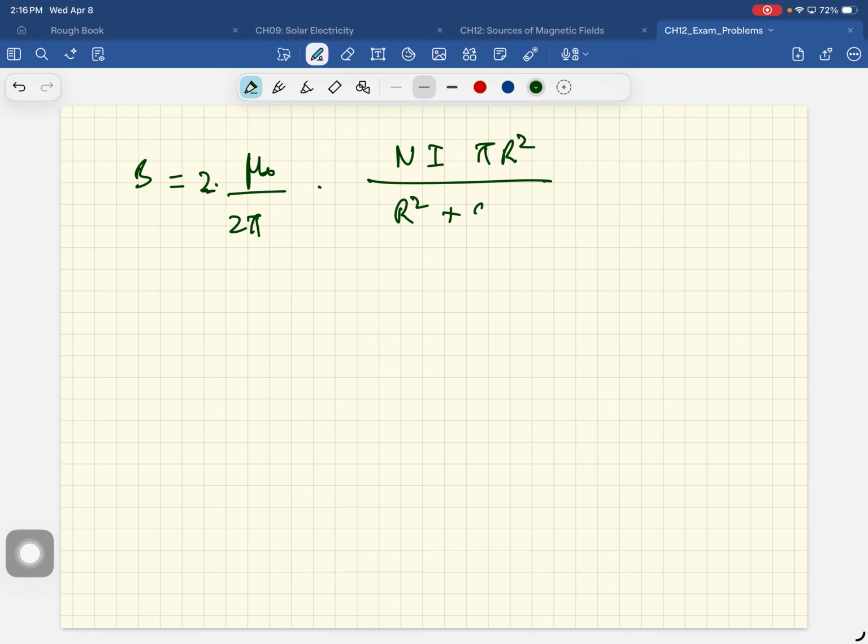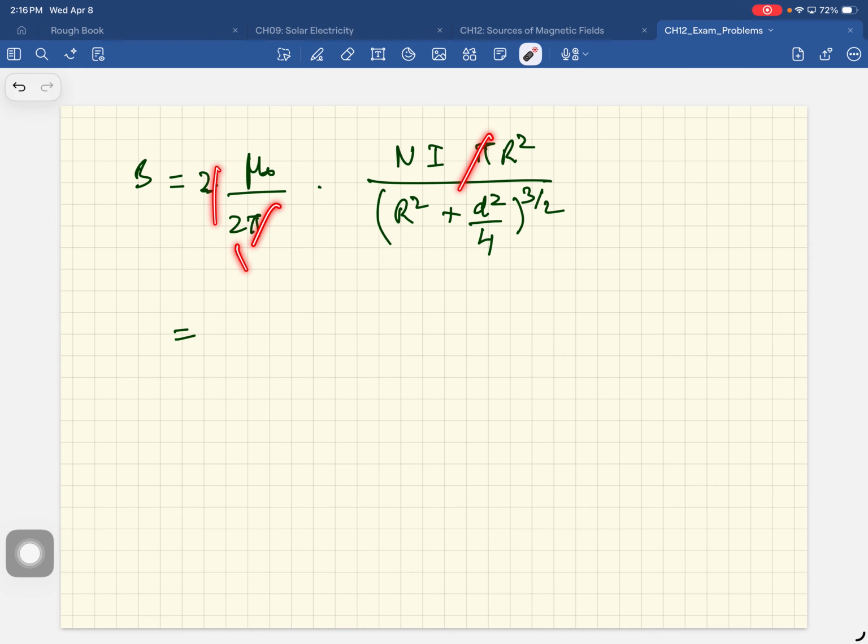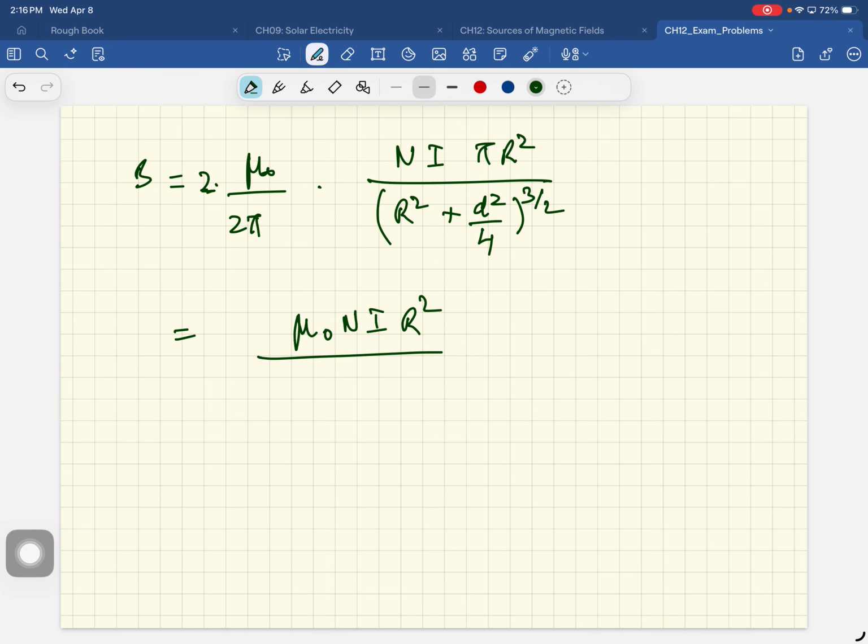If a current is 2 amps, how many turns per centimeter must be wound on a solenoid in order to produce a magnetic field of 2 millitesla within it? A solenoid is a cylindrical object, and you're winding wires like that to produce a uniform field.